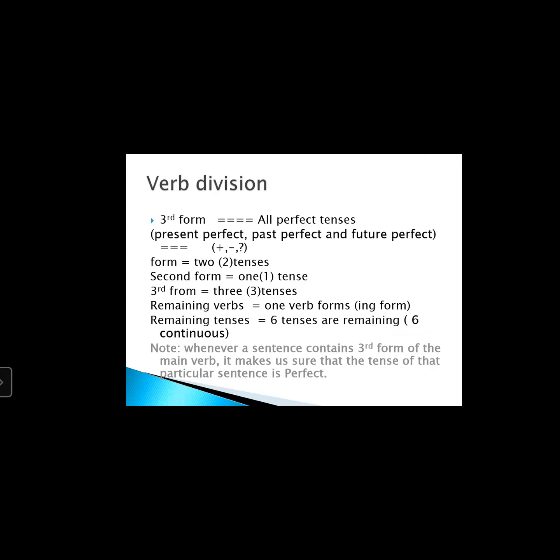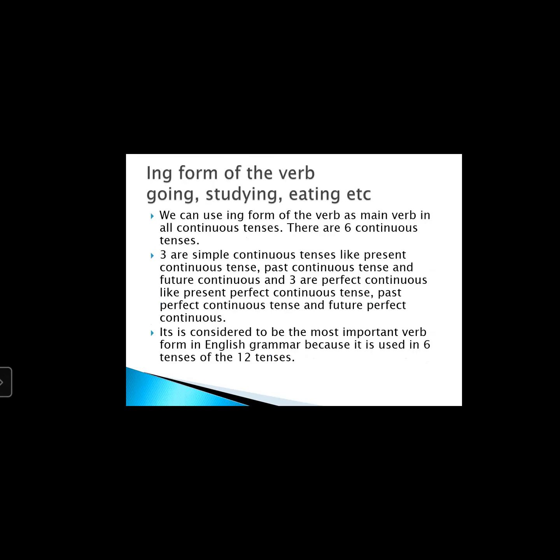Now 1 verb form is remaining and 6 tenses are remaining. Which 6 tenses are remaining? Continuous tenses are remaining. So there are 6 continuous tenses. हमारे पास 6 continuous tenses हैं. कौन कौन से? Present continuous, past continuous, future continuous, present perfect continuous, past perfect continuous, future perfect continuous.